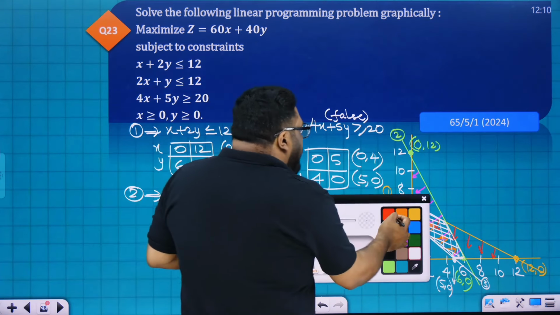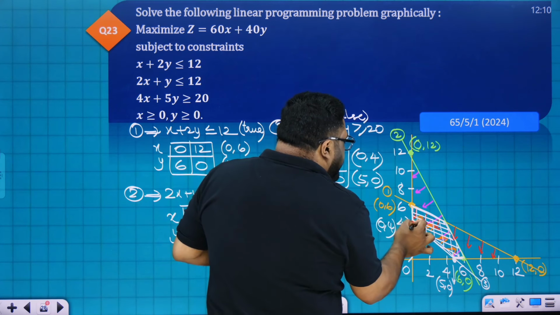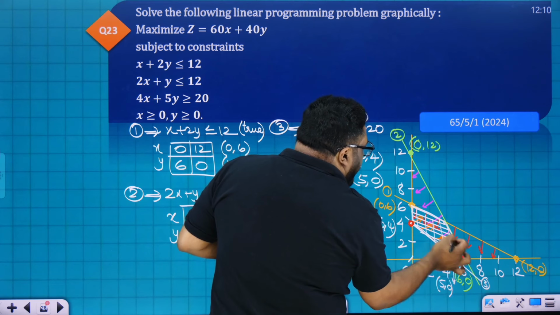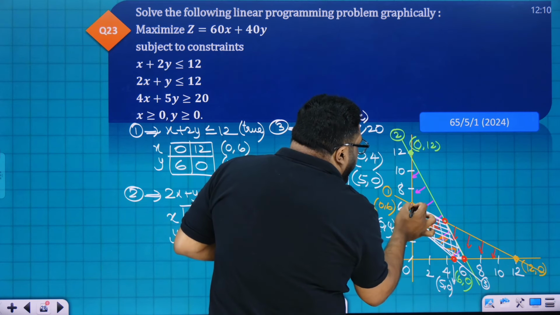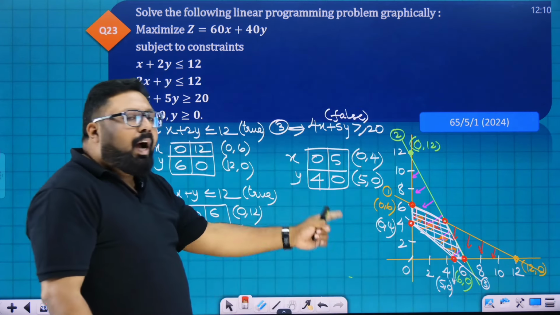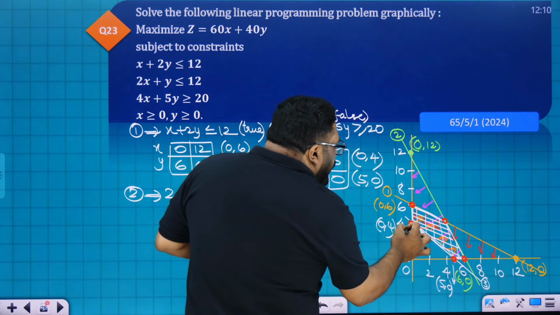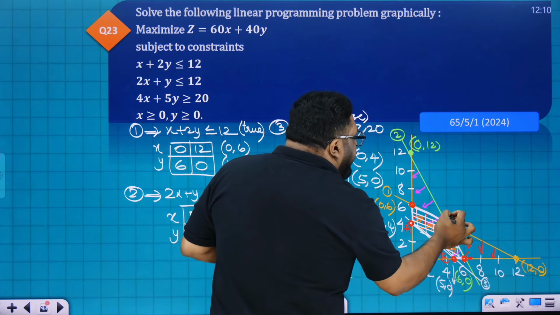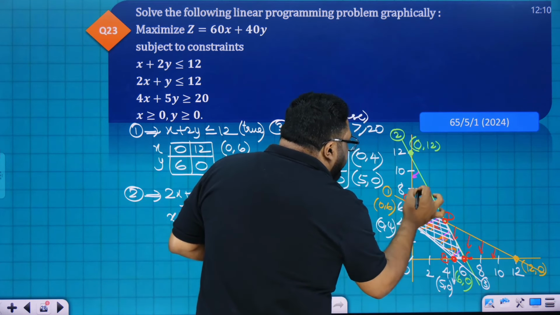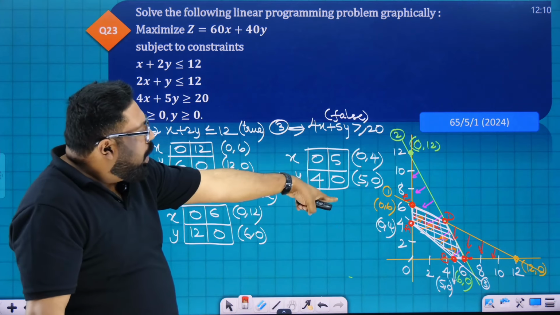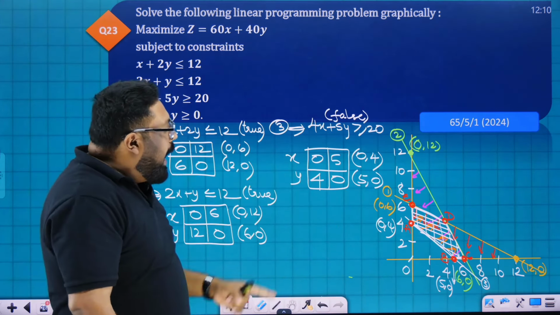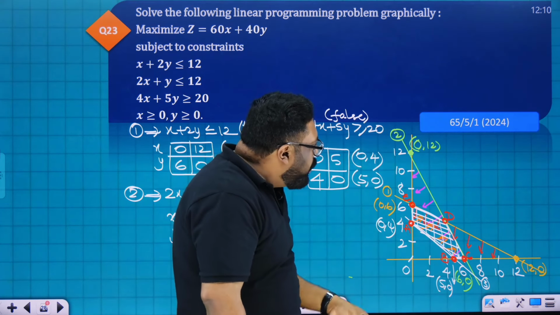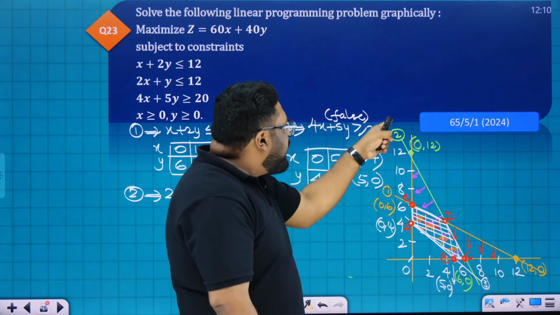And once that is obtained, mark the corner points. Number 1, number 2, number 3, number 4 and number 5, my dears. 5 corner points. We know number 1, we know number 2, we know number 3. We don't know D, we know E. So we are having only one corner point unknown to us, that is D. And D is formed by the combination of the green line, equation number 2, and the yellow line, equation number 1.